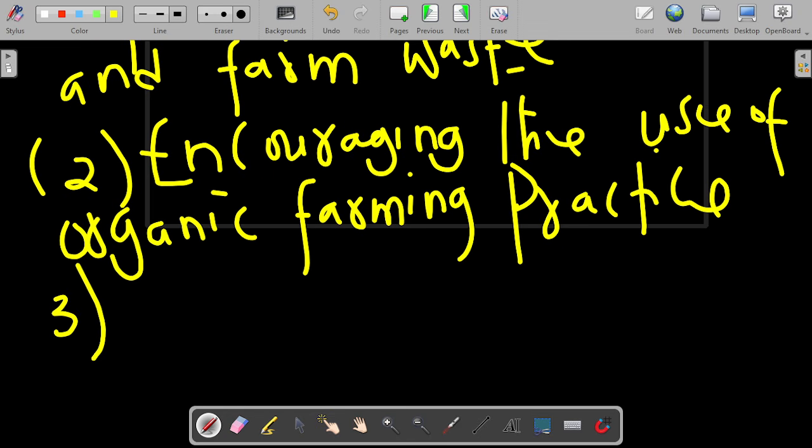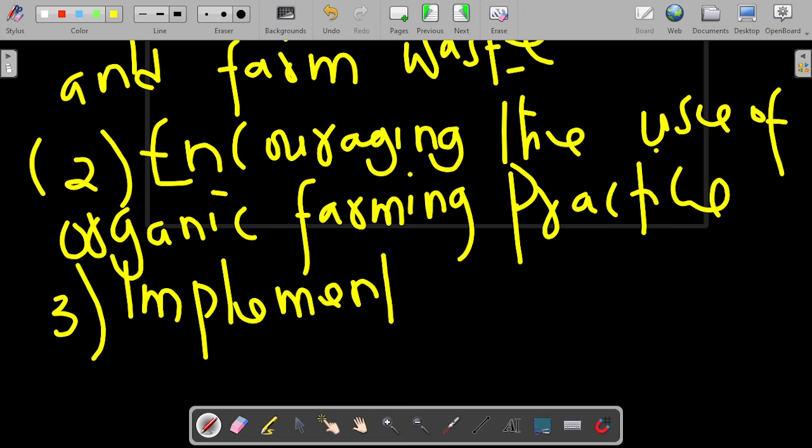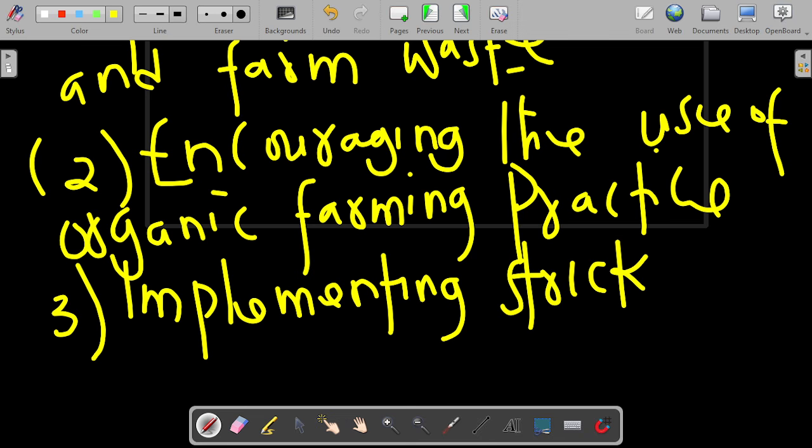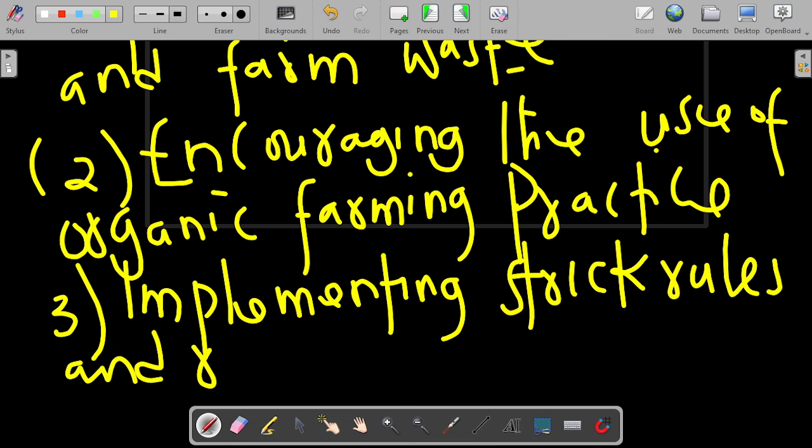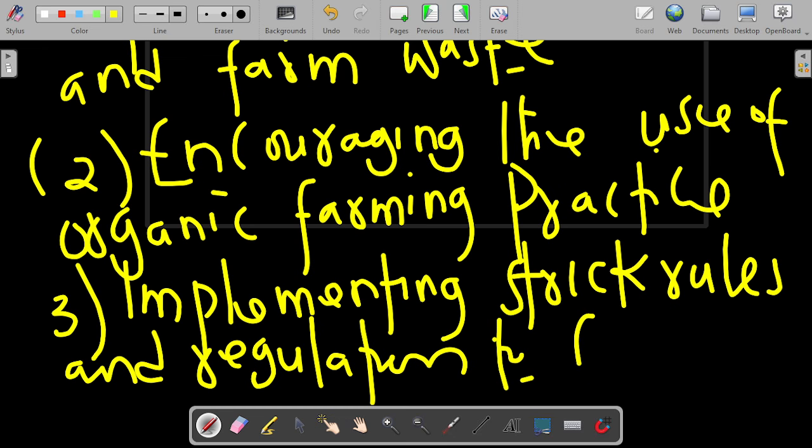Number 3, implementing strict rules and regulations for farmers. This is about unnecessary disposal of waste.